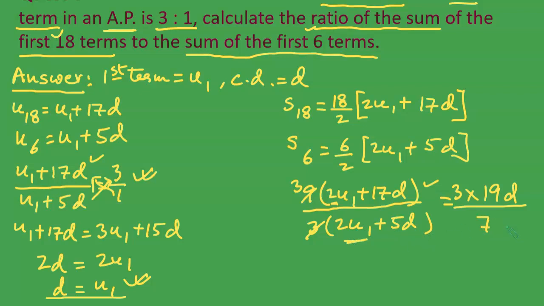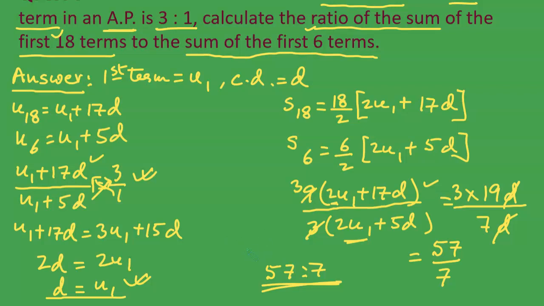Now you can cancel these two. So what is 3 times 19? It is 57. 57 over 7. Therefore, the required ratio is 57:7. See, we have found it. And we did not have to do a long calculation to get the ratio.